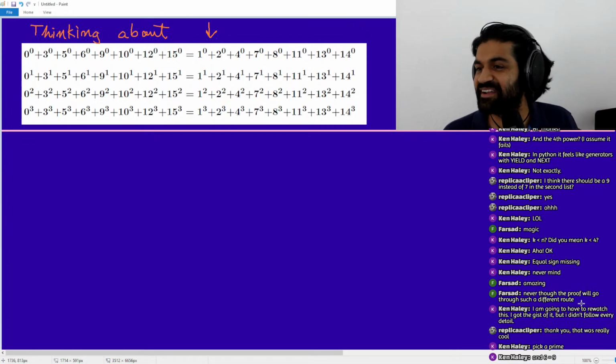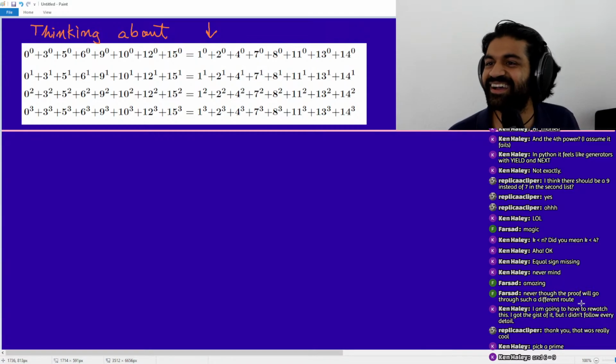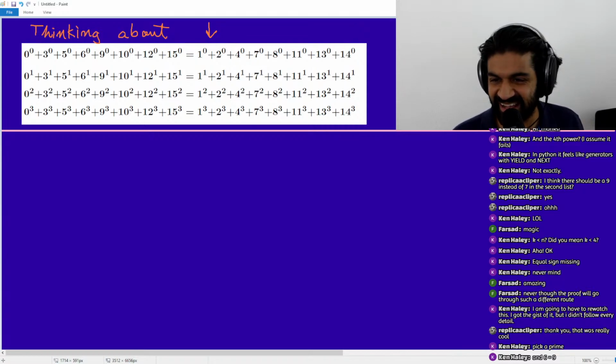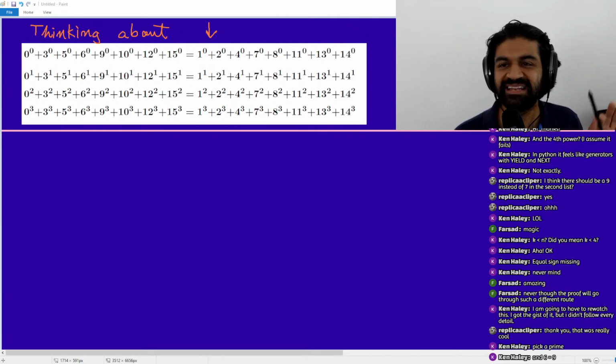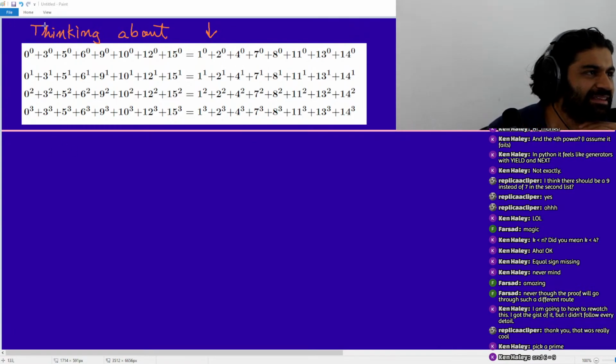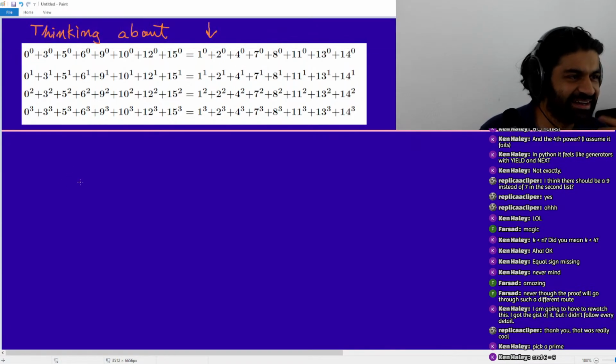The only proof that I know of this is a very tricky, sneaky kind of proof. So let's go through it and let me know what you think of it. If it gets too advanced, I can stop. But the idea is to use generating functions, actually. So let's say you have a sequence, right?